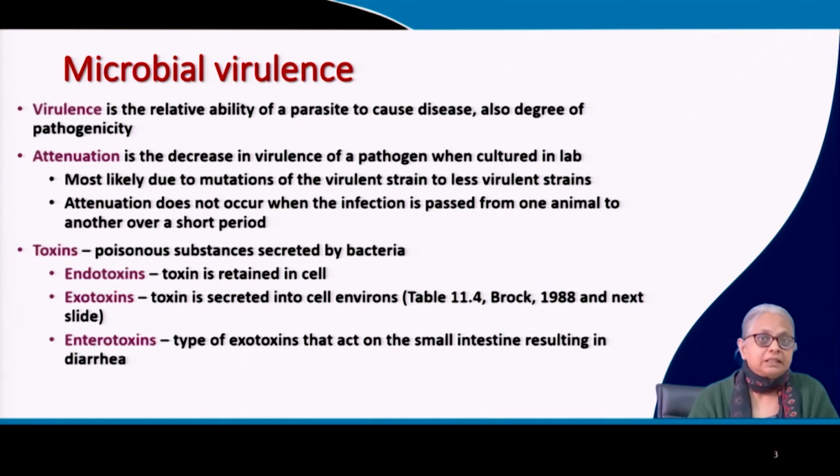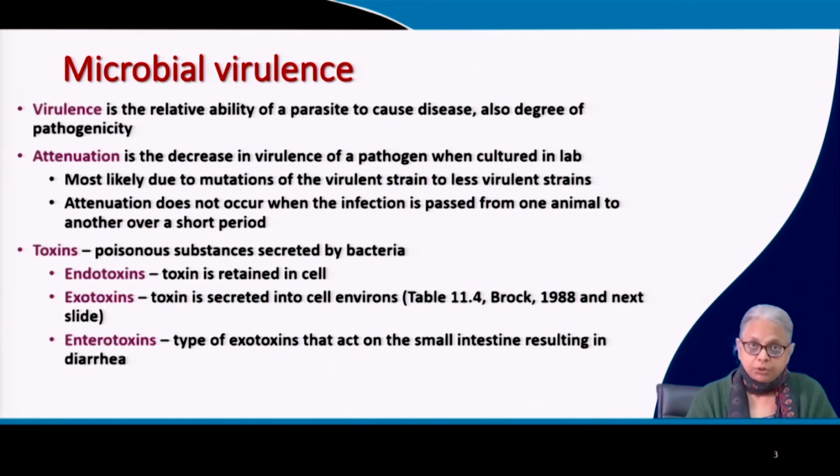Red algae secretes a particular toxin. It's an exotoxin, which is a neurotoxin and has been responsible for the death of many people who go swimming in areas that are affected by red algae. So these toxins can be poisonous substances secreted by bacteria, algae and many other microorganisms.